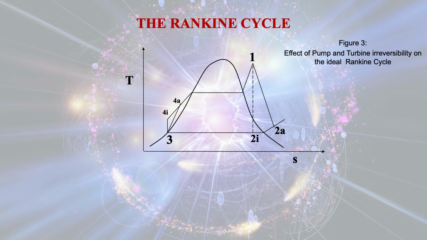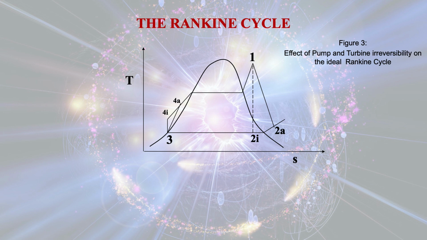Now this diagram gives the effect of pump and turbine irreversibility on the ideal Rankine cycle. In comparison, the work output of the turbine in actual practice is H1 minus H2A, whereas in the isentropic process the work output we are supposed to get from the turbine is H1 minus H2I.